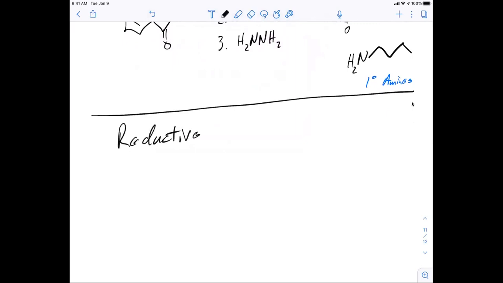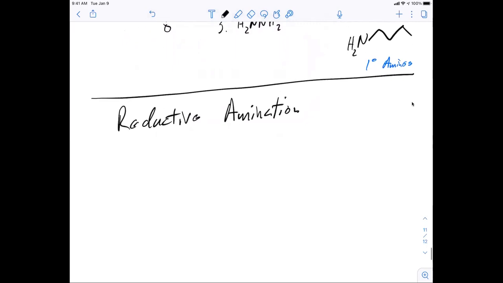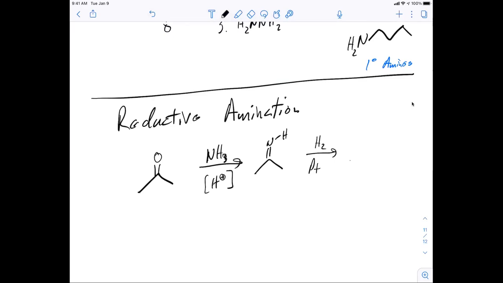So here, if we have a carbonyl, such as an aldehyde or ketone, react that with an amine with a trace acid, we could reduce the imine to the amine.